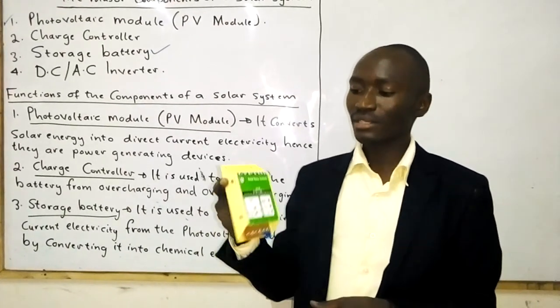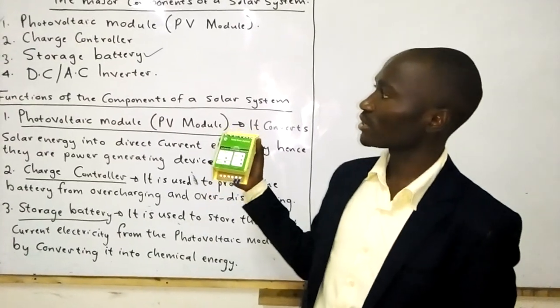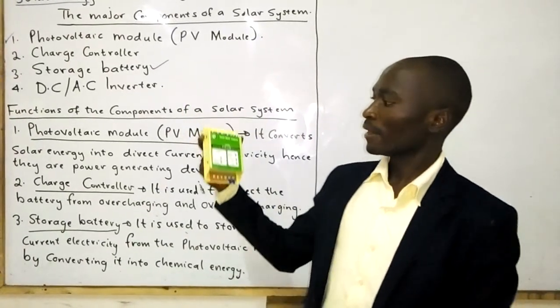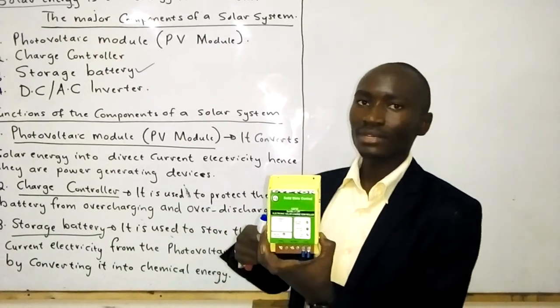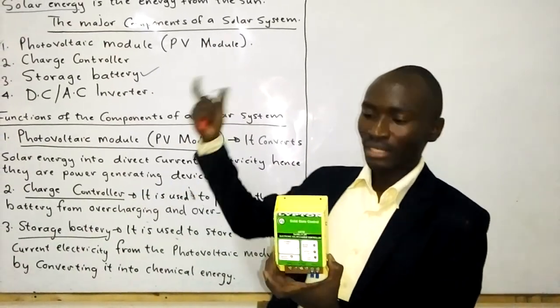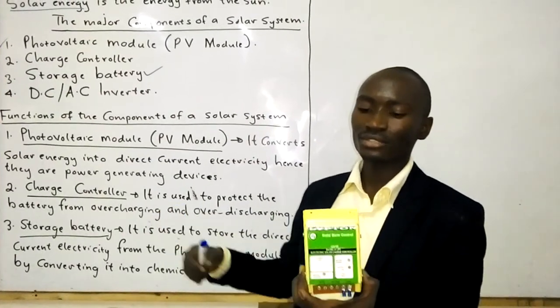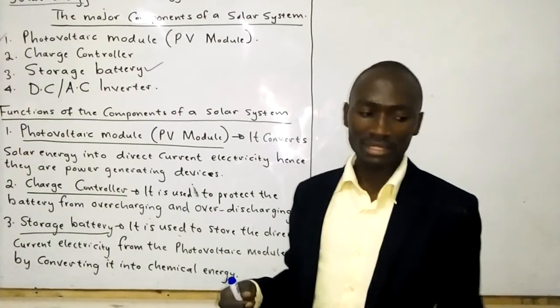Remember, once you connect this charge controller to the whole system, to the battery, the PV module and the inverter, it is the one that protects the battery. So there's no way that the battery can overdischarge, and there's no way the battery can overcharge.